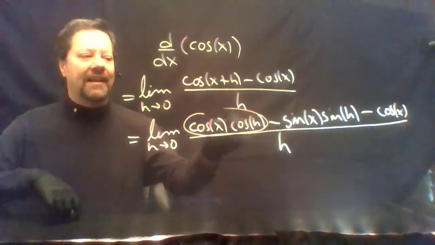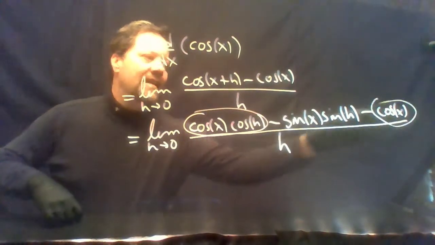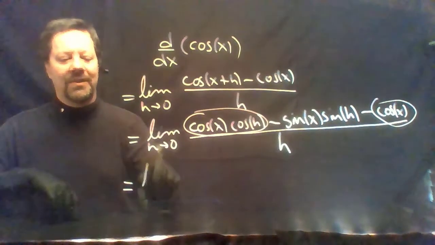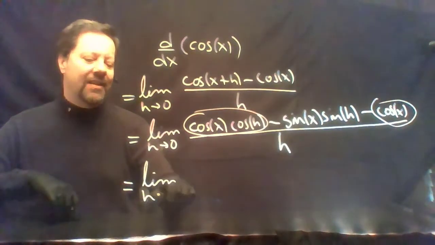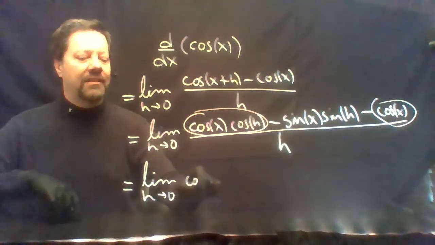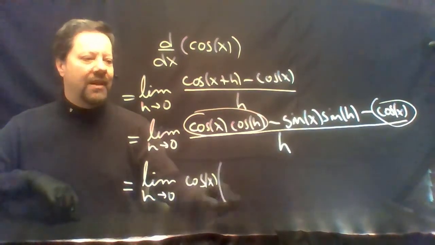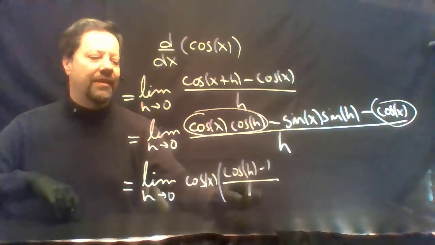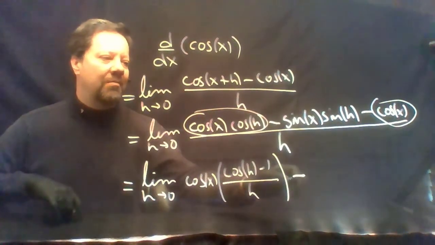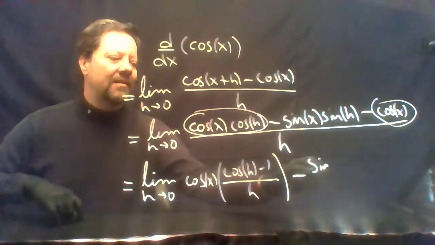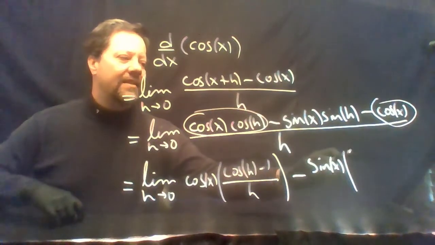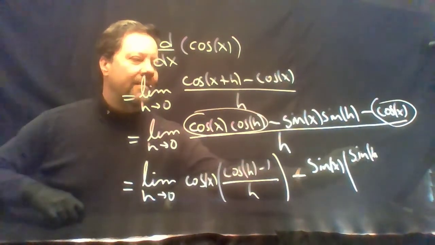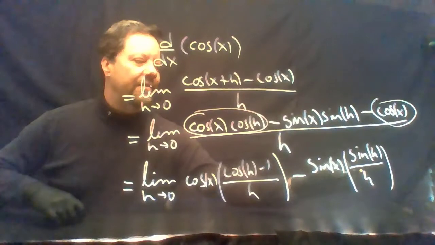Again, we need to collect the first and last terms here. We'll take the limit as h goes to 0 of cosine of x times cosine of h minus 1 over h, minus sine of x times the sine of h over h.